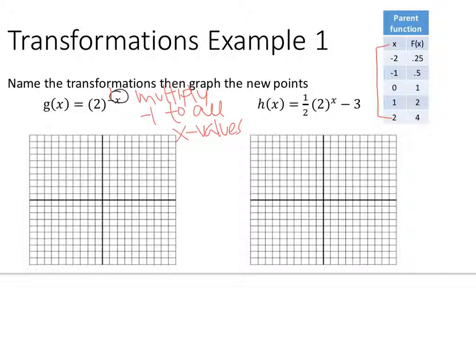So if I multiply all my x values by -1, my new graph will be at (2, 0.25), (1, 0.5), (0, 1), (-1, 2), and (-2, 4).